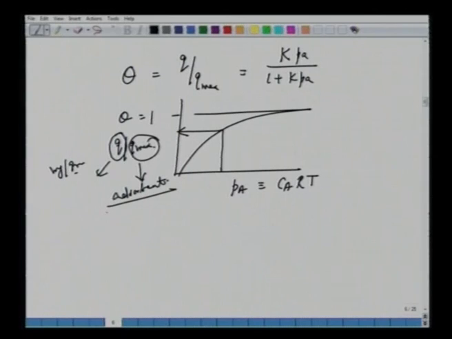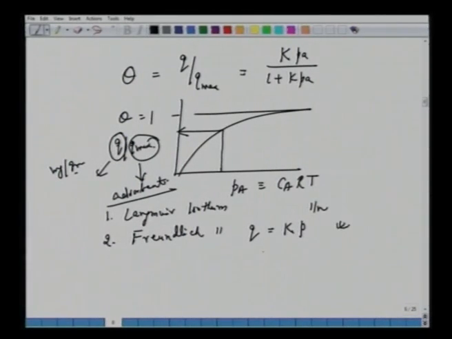So that's one. We said it's the Langmuir isotherm or corresponding Langmuir adsorption. The second most common you will find is the Freundlich isotherm, and this is more of an empirical equation where you have Q given as some constant into partial pressure to the power 1 over n.